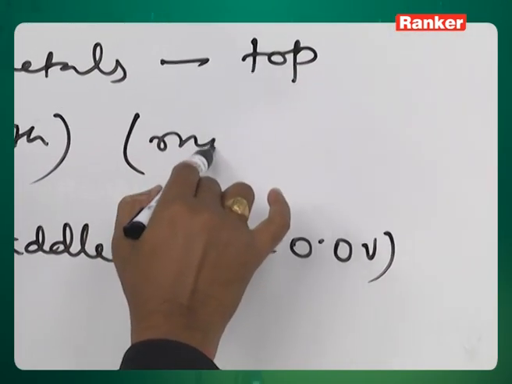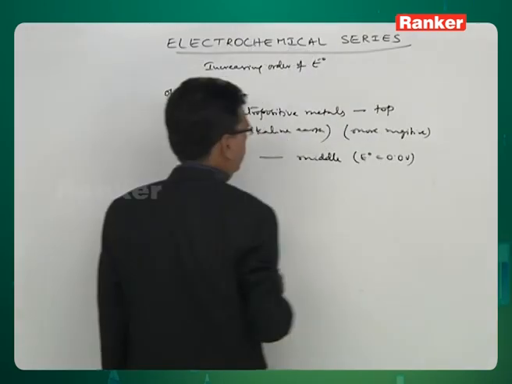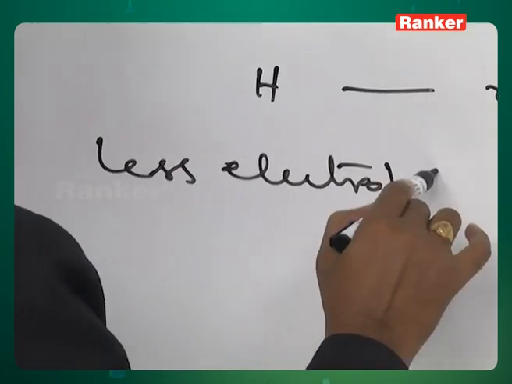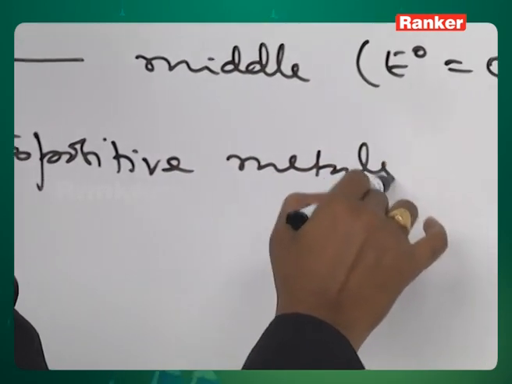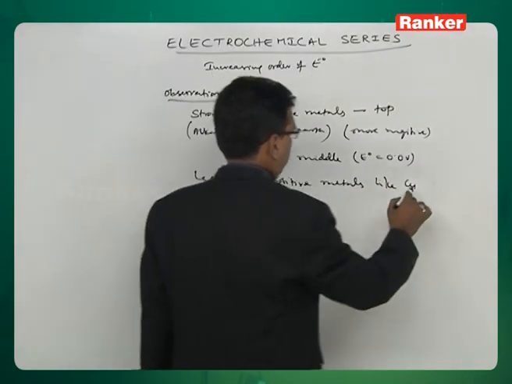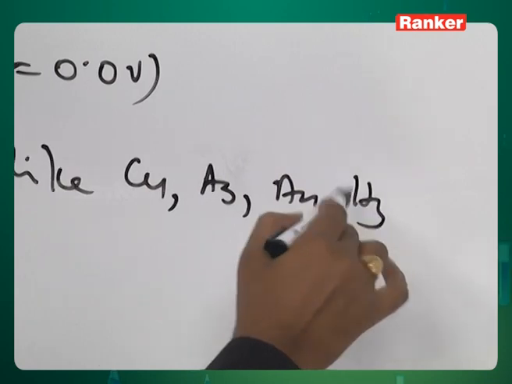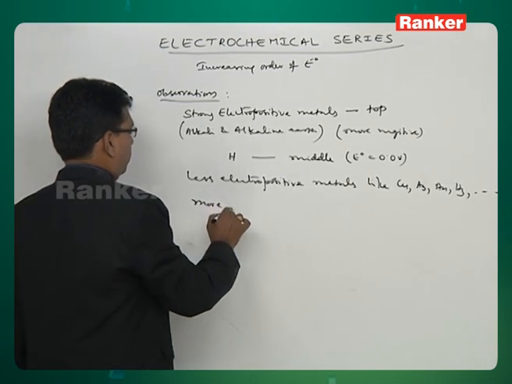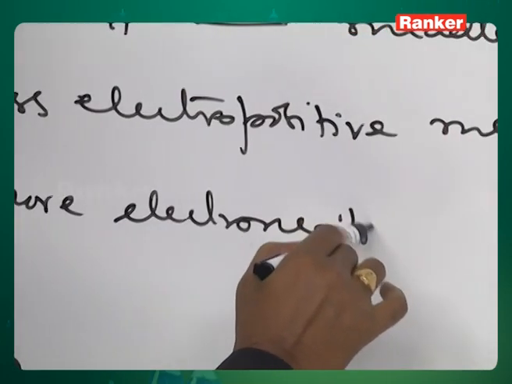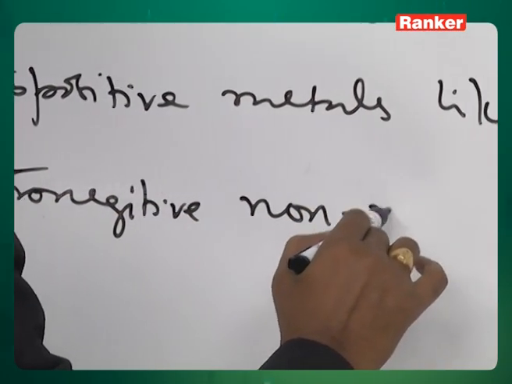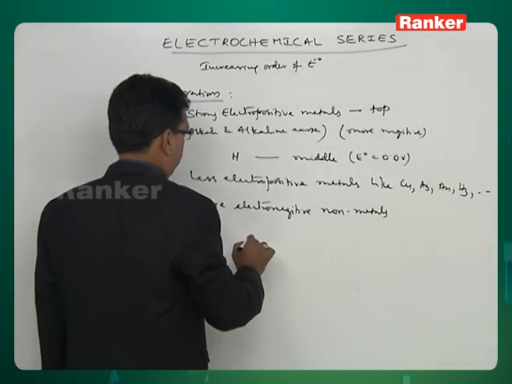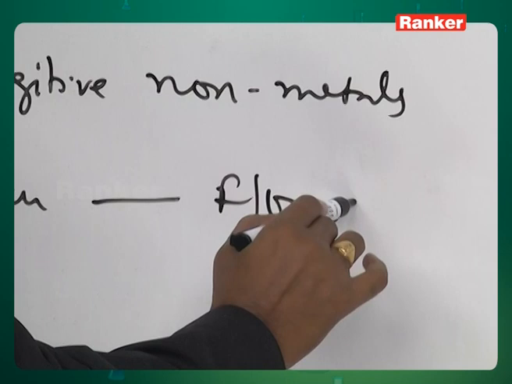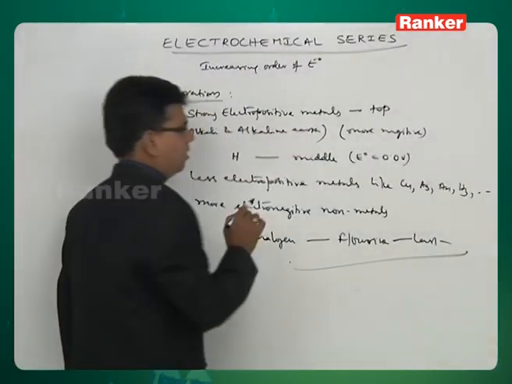Those above have more negative values, then followed by less electropositive metals like copper, silver, gold, mercury, etc. Then more electronegative non-metals, and finally halogens, fluorine last. This is the sequence.